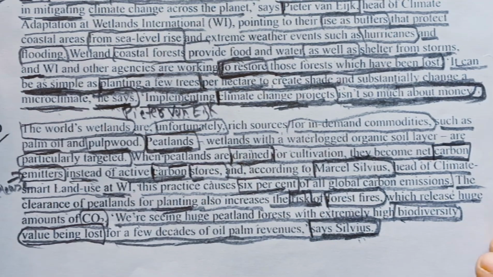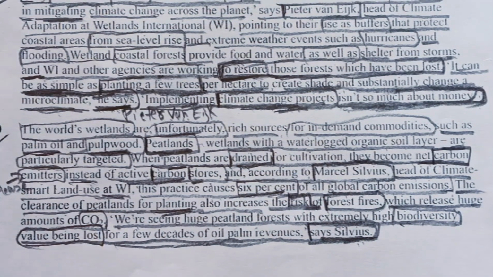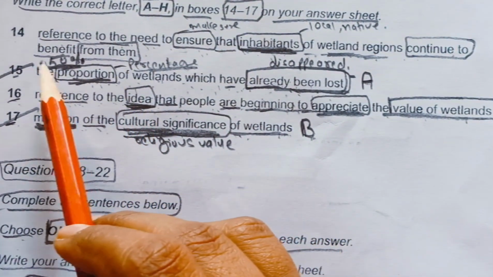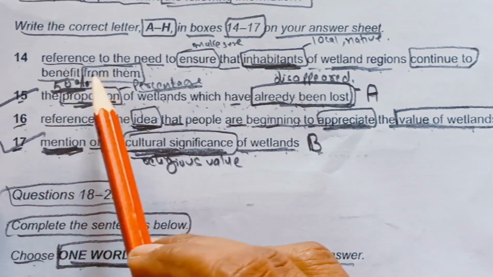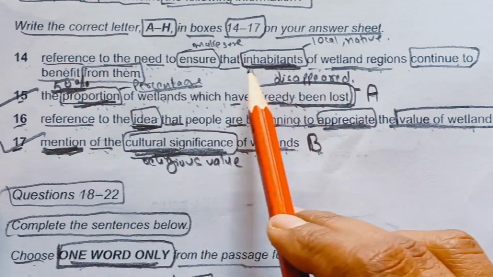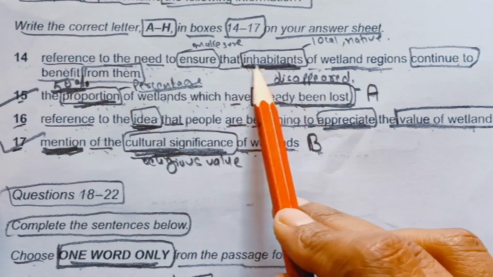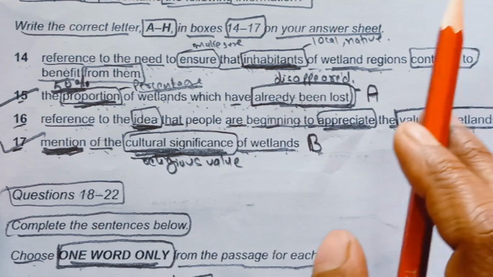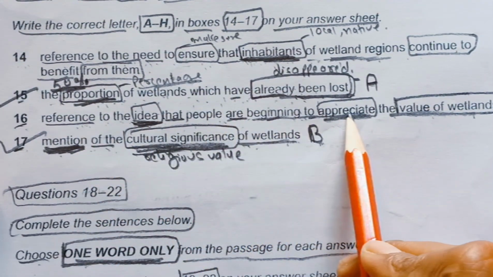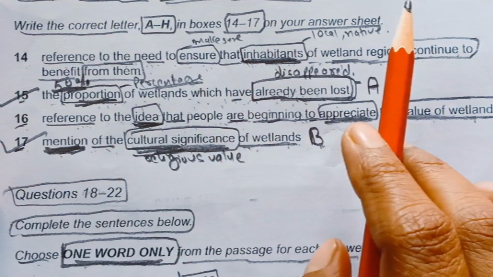So now let's quickly see our types of question. Let's see our first question: reference to the need to ensure that inhabitants of wetlands. We are not getting anything regarding that till now. Reference to the idea that people are beginning to appreciate, this type of thing we have also not seen in the paragraph.